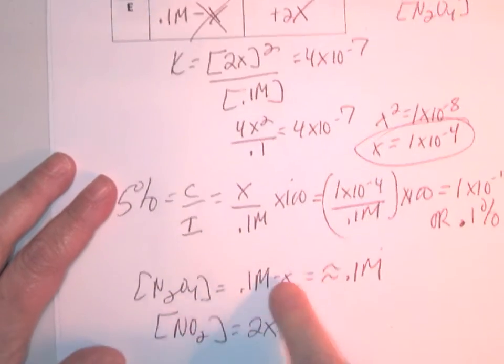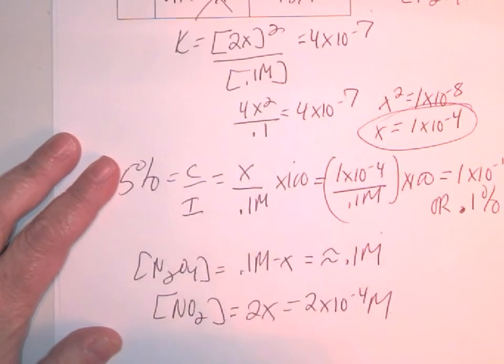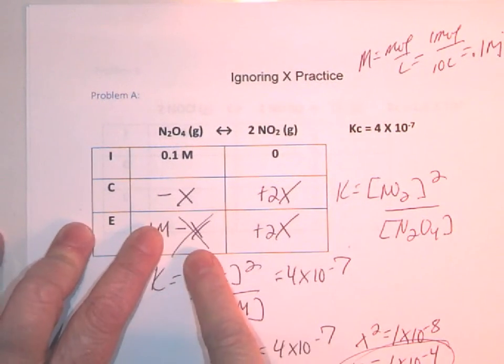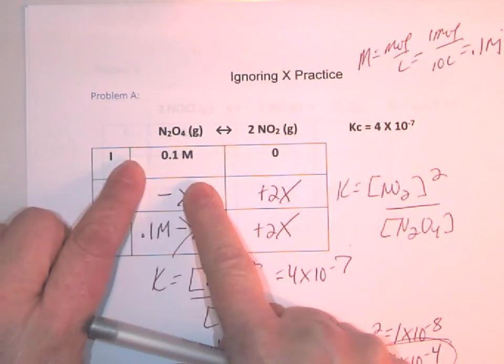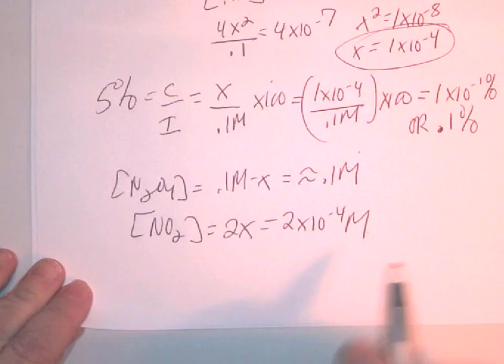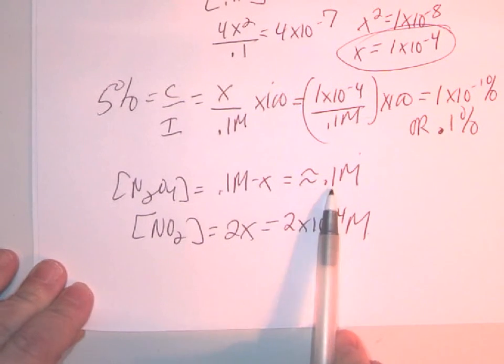Put my x value where it belongs, and this becomes 2 times 10 to the negative 4th molarity. Remember, we made this assumption because it was a small K, that most of it was going to stay on the reactant side. Very little was going to be made on the product side. And at the very end it shows you very little product was made. Most of it is the reactant.